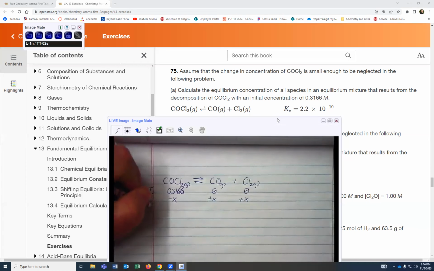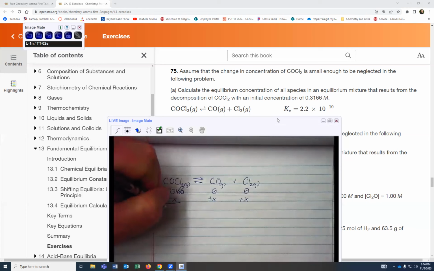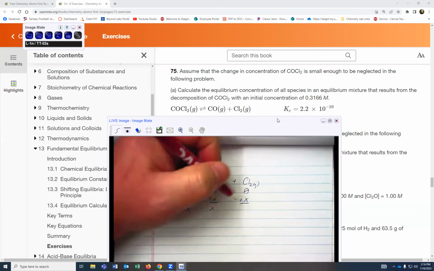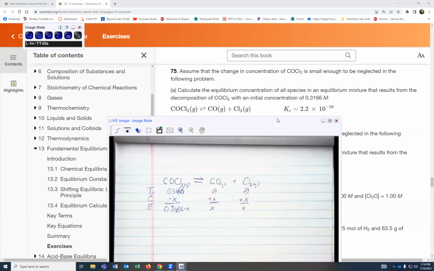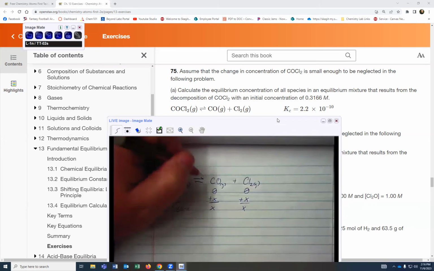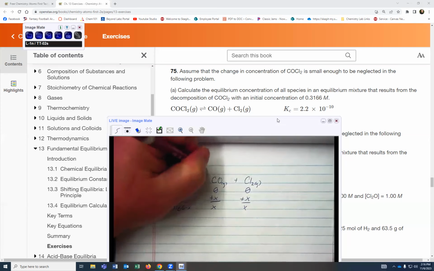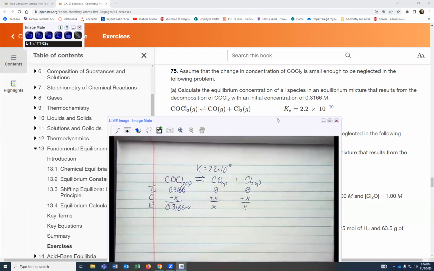So at equilibrium, our calculations say that our final molarity of COCl2 should be 0.3166 minus X, and our final molarities of carbon monoxide and Cl2 should each be X. Our K for this reaction is 2.2 times 10 to the minus 10.